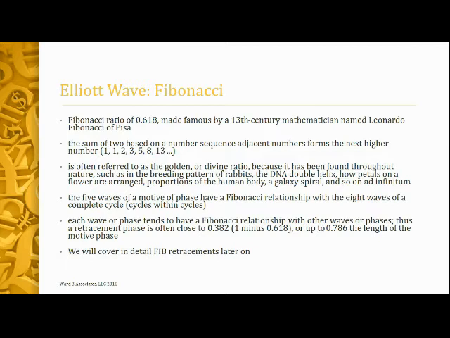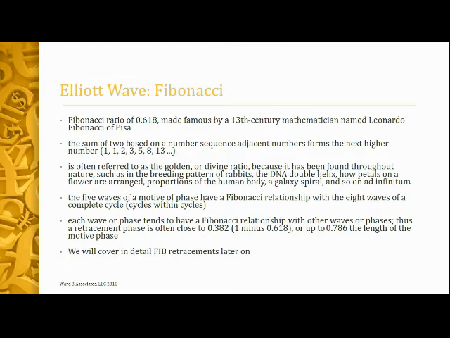The 5 waves of a motor phase have a Fibonacci relationship with the 8 waves of a complete cycle. The cycles within cycle. Basically, depending on the trend or how much movement a wave has, the retracement is only going to recover so much.